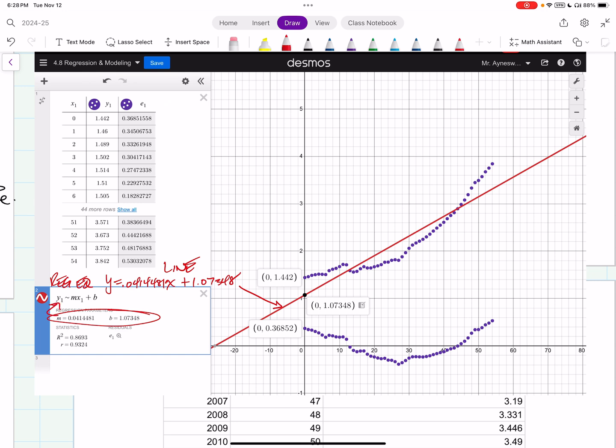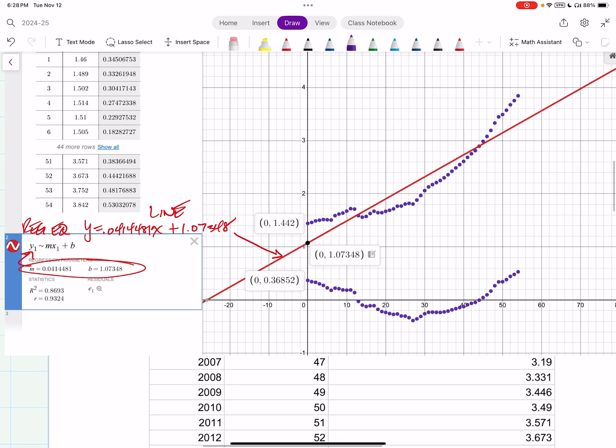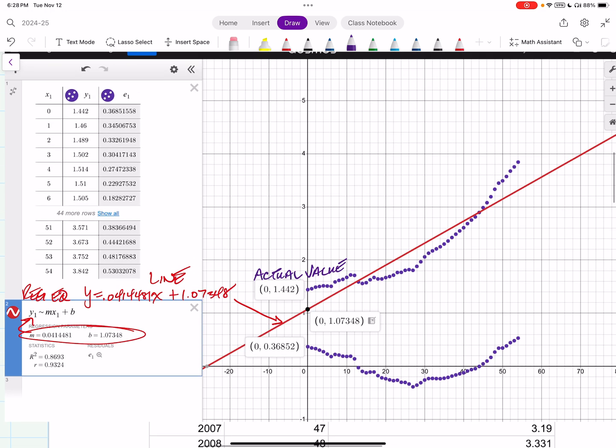Nothing difficult. Then I have this actual value. Let's take a look at the actual value. Just read the table, guys. If you look up here, look at the first point. It's right there. So the actual value is 0, 1.442. That's your ratio.